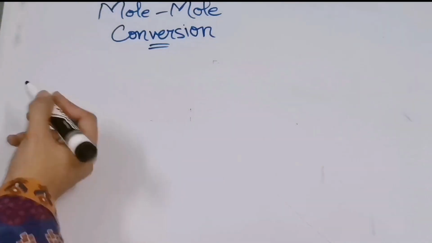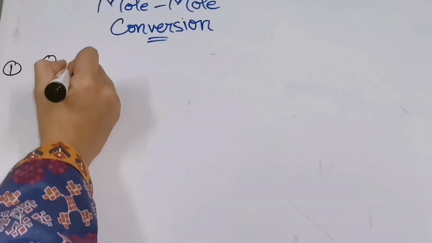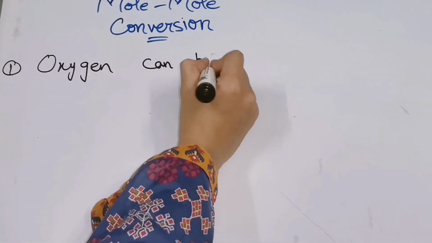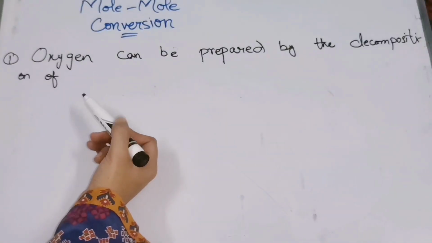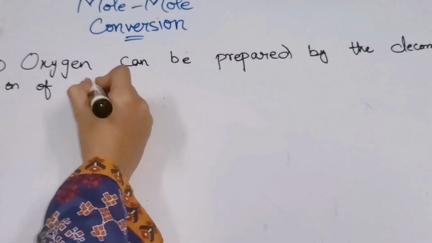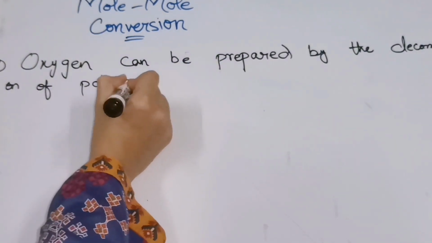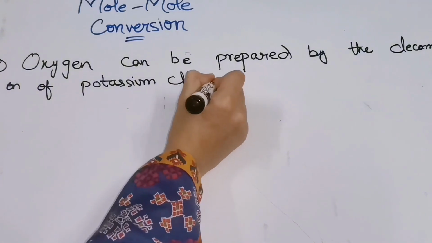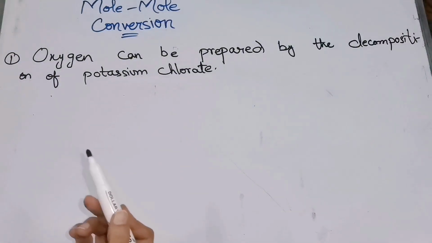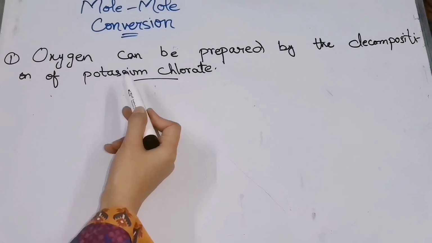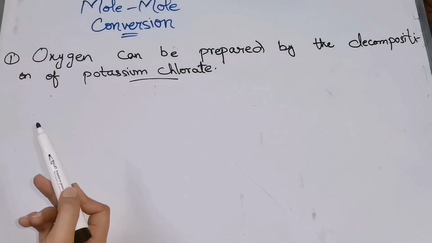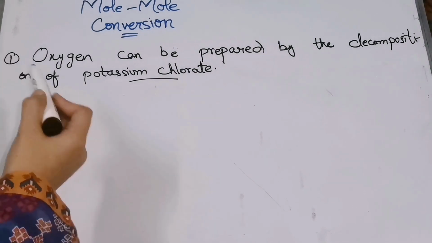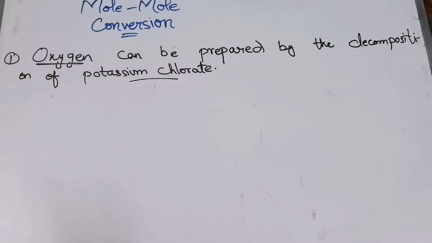The first question that I am going to discuss says that oxygen can be prepared by the decomposition of potassium chlorate. In this statement, they are saying that by the decomposition reaction of potassium chlorate, along with the other product that is formed, oxygen will be prepared as well.